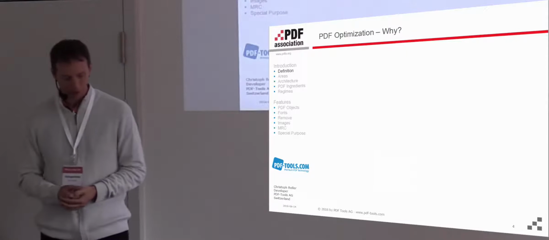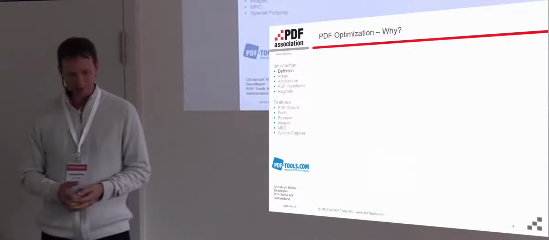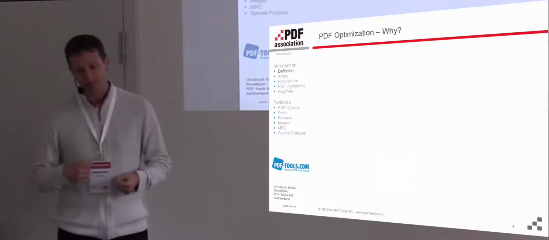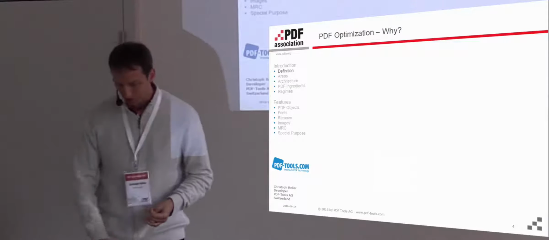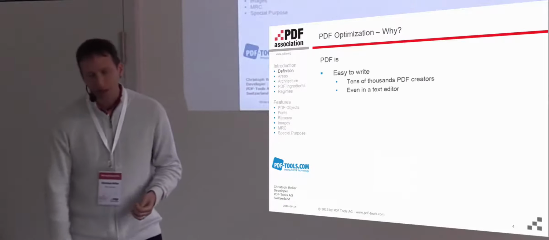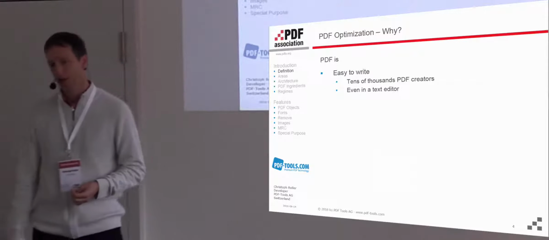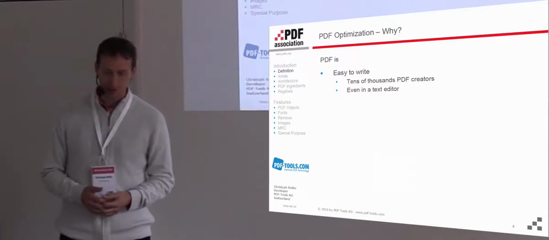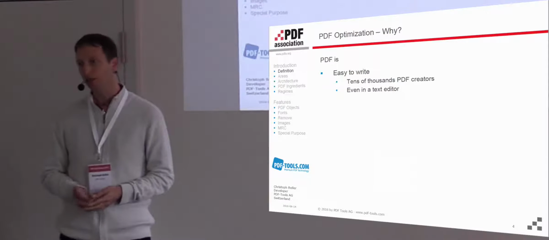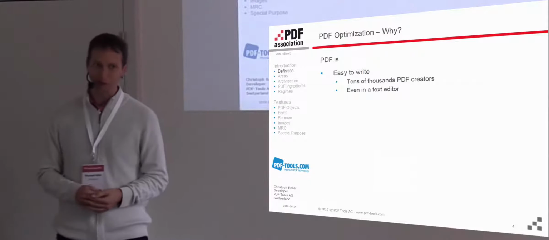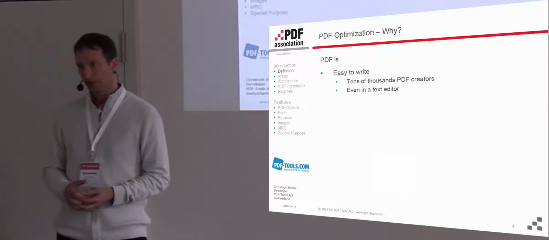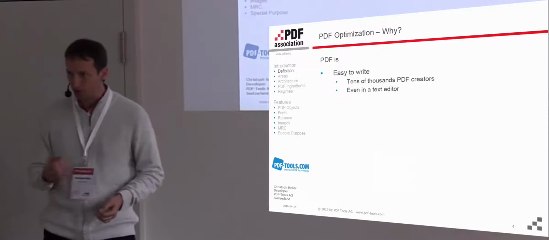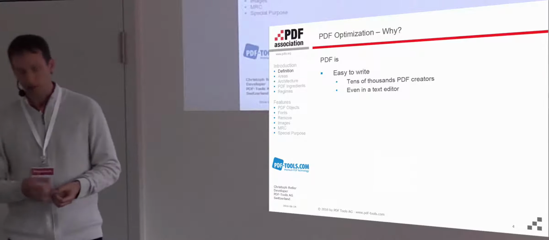The first one I would term rather a historical, file format, historic reason. PDF is easy to write. There are tens of thousands of PDF creator softwares around the world, and you can even write it in your text editor if you really want to. PDF is made with this perspective in mind. It should be, to a certain extent, easy to write.